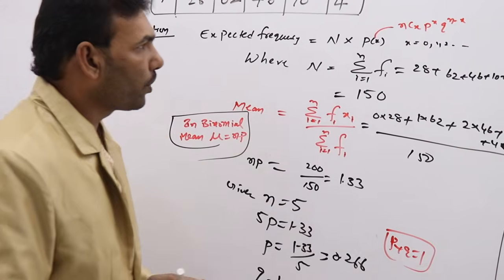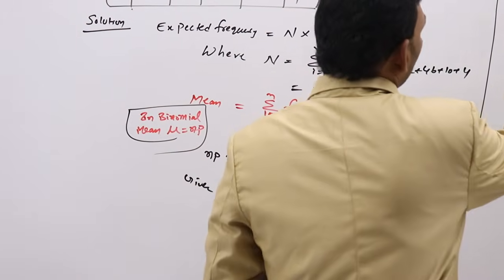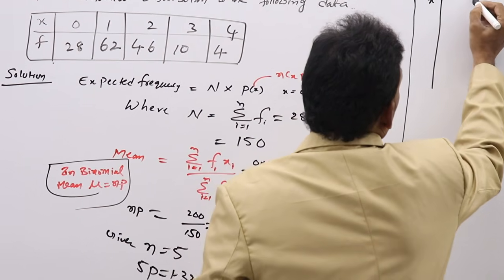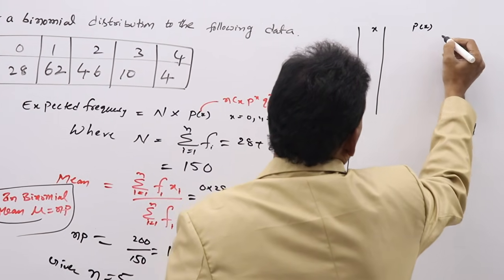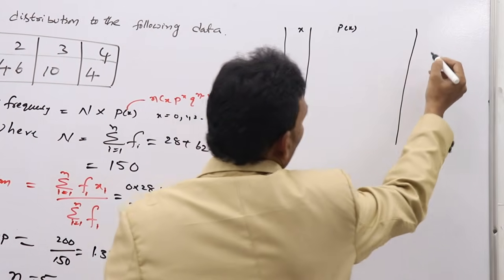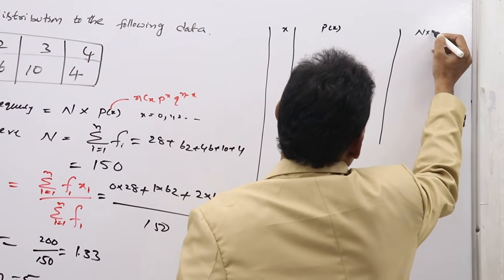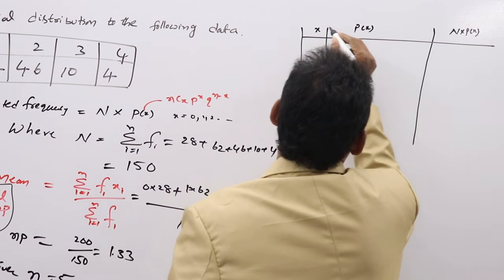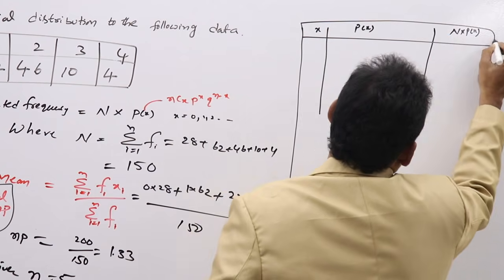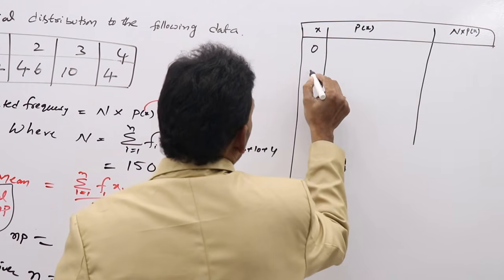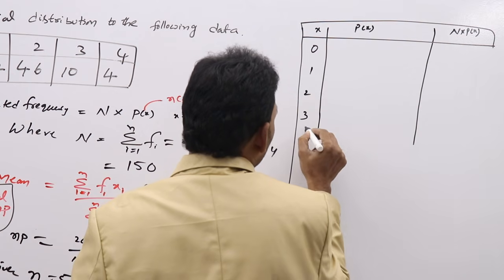For that, we are preparing a table like this: x values and probability of x. After finding probability of x, we are finding capital N into p of x. The x values are given: 0, 1, 2, 3, 4.